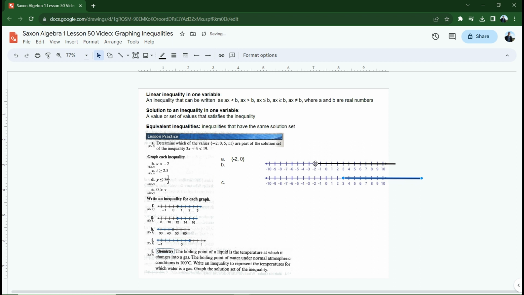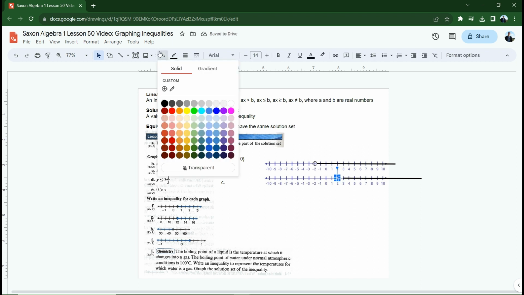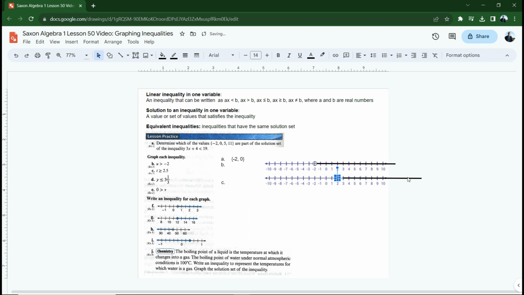I need to put my circle at 2.5. Now here I have to ask myself, okay, this says greater than or equal to. Do I fill in my circle for greater than or equal to? And the answer to that is yes, I do have to fill in my circle because 2.5 is actually one of the solutions. So I'm going to go ahead and do that.